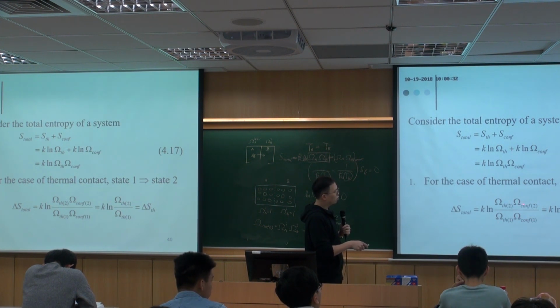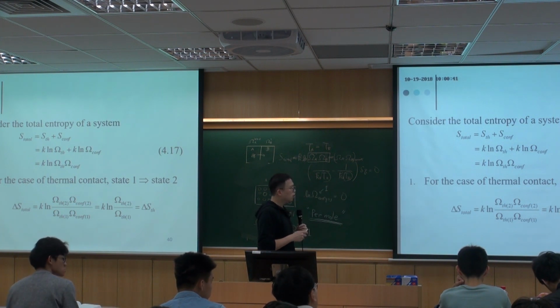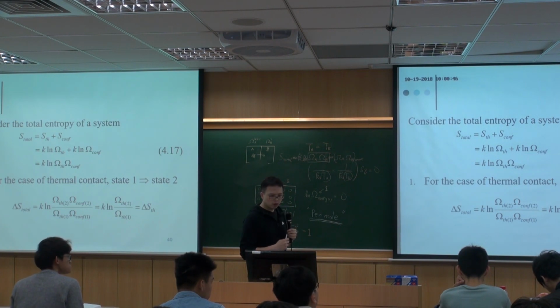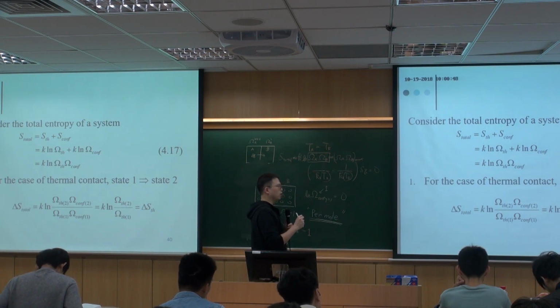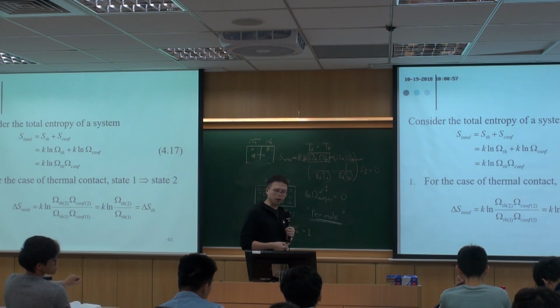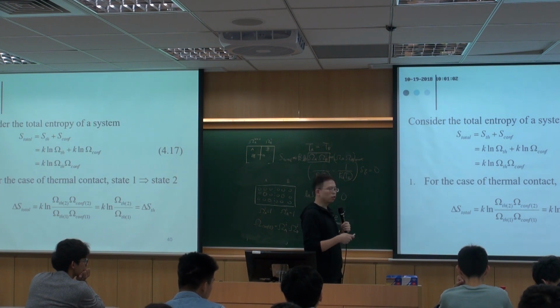Then the total entropy change corresponds to the thermal omega change, and therefore delta S is written as delta S thermal. That's the case we learned earlier, related to delta Q. If there's heat involved but no configuration change that we can identify, then the change of entropy is related to thermal.